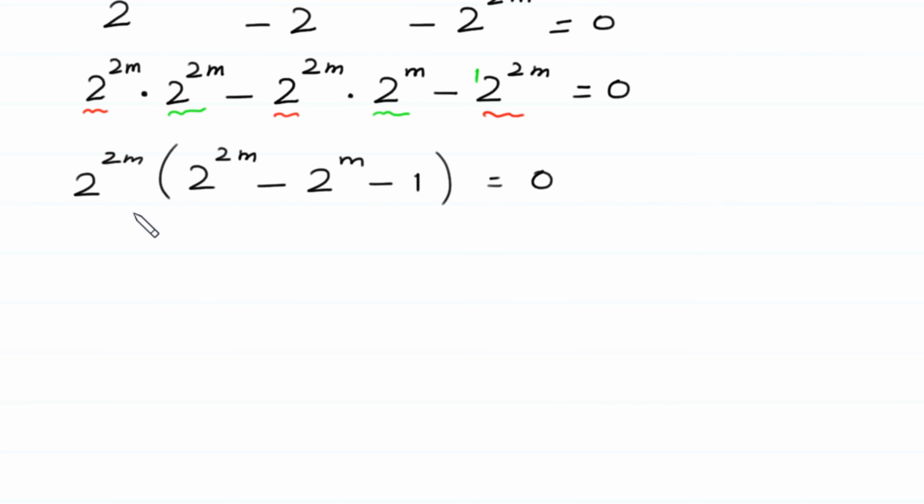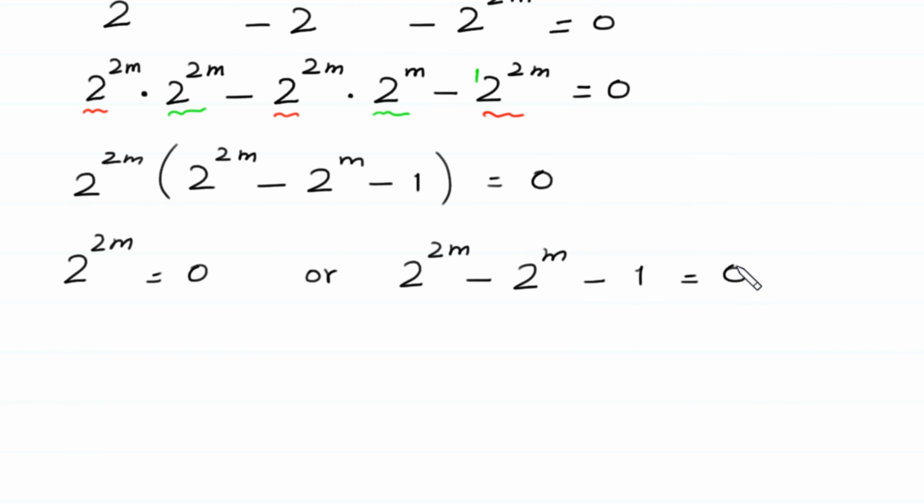Now from here, either 2 to the power 2m is equal to 0, or 2 to the power 2m minus 2 to the power m minus 1 is equal to 0. Any power of 2 cannot be equal to 0, so no solution is possible from here.